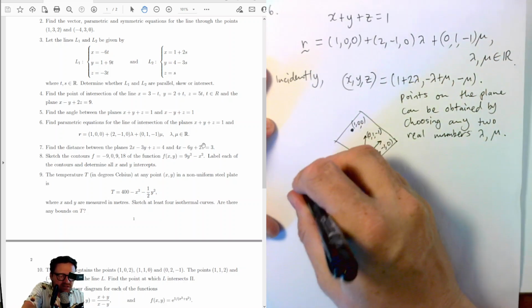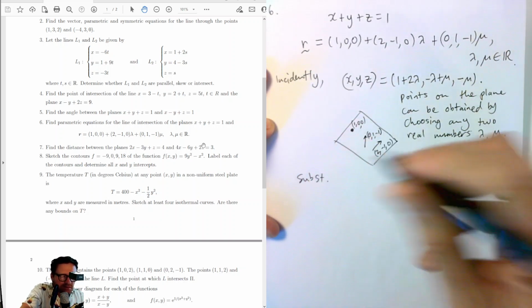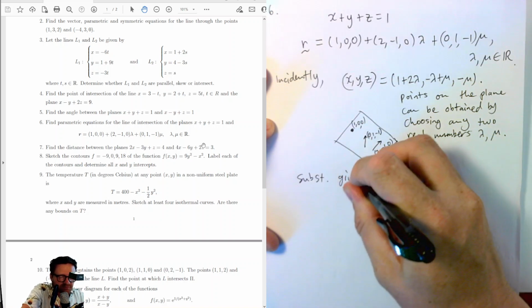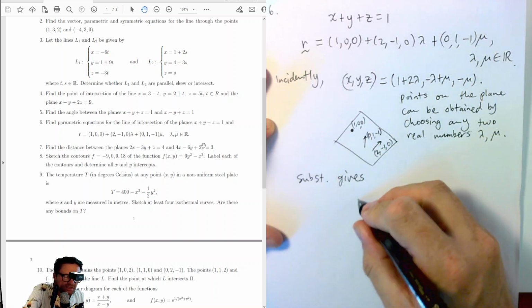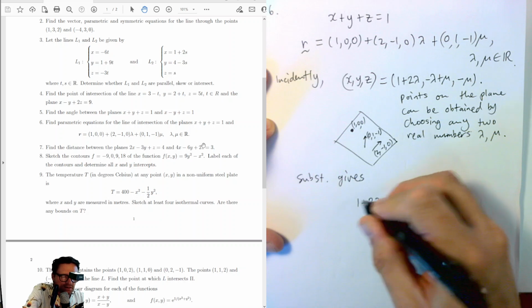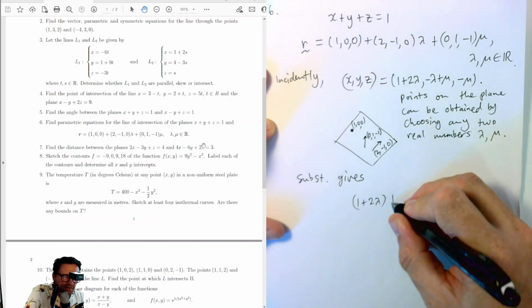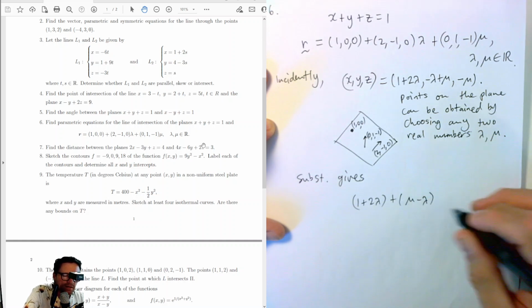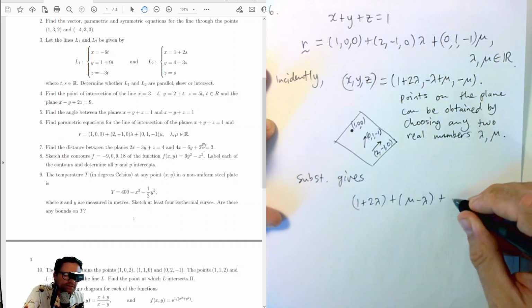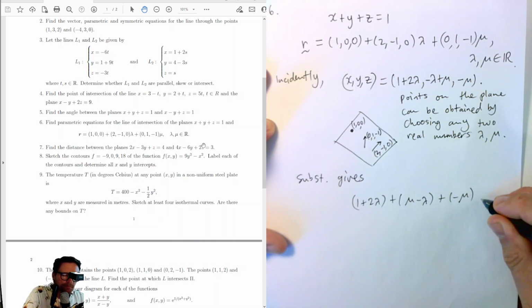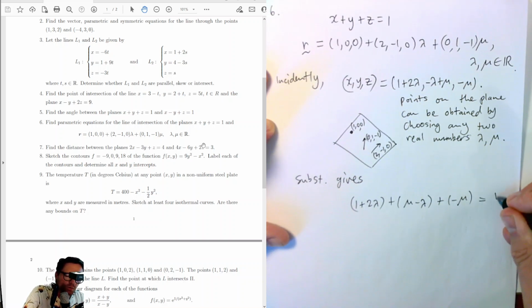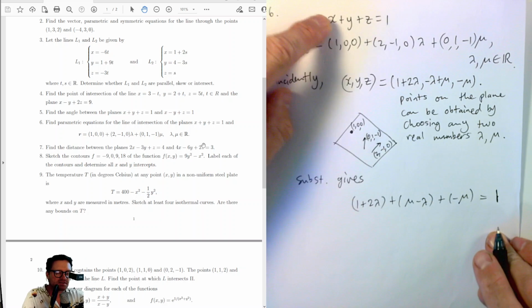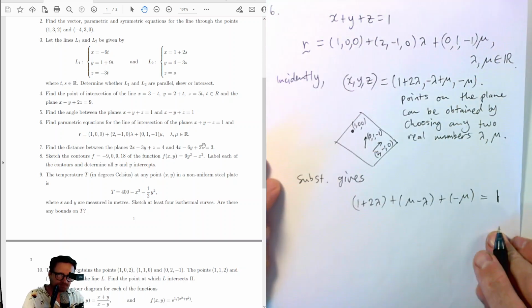So substitution gives us: x is this, and then plus y is mu minus lambda, and then plus z minus mu. That adds up to 1, according to this, subbing these three in.